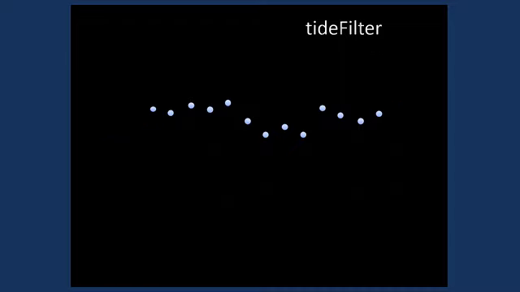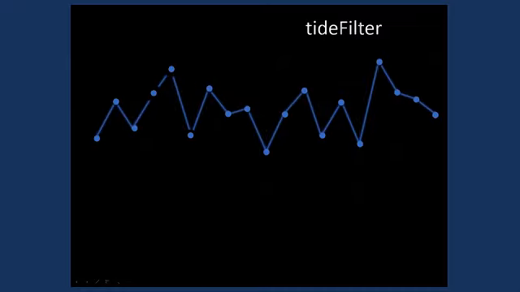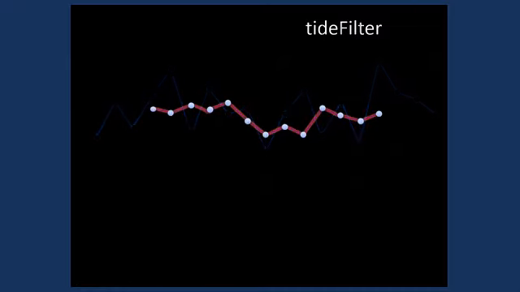So we lose data at both ends of the data set. That's the cost. Here's the original data and now the smooth data. You can see that the extremes have been taken out.